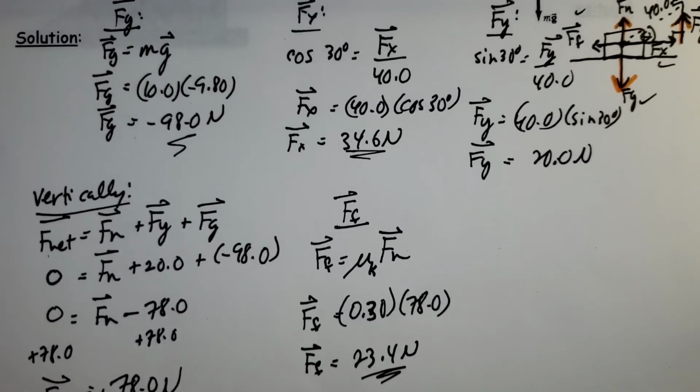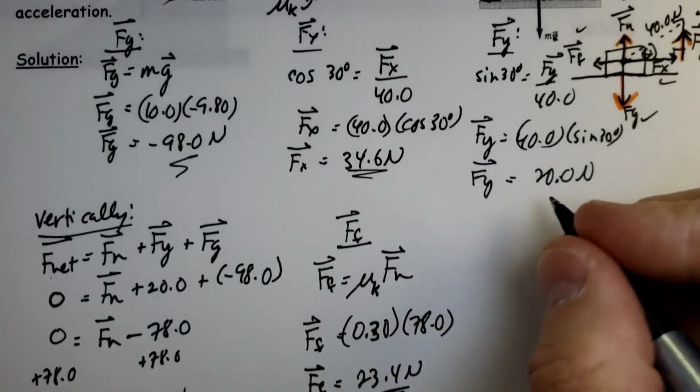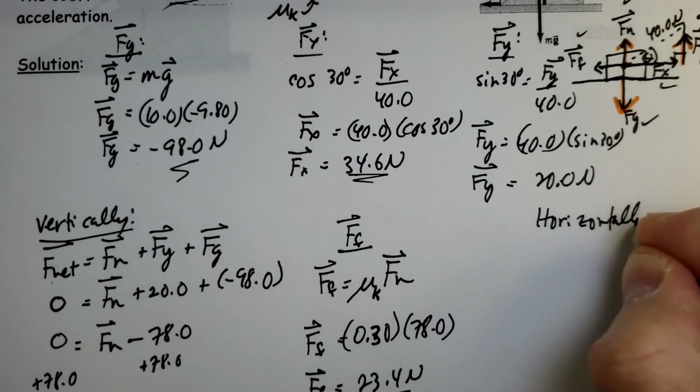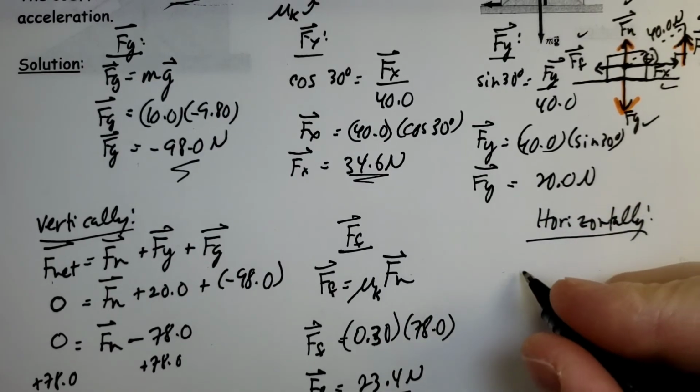So to figure out acceleration, of course, we need to find out F net. And F net, that refers to the horizontal F net. So analyzing it horizontally. So yeah, this is very similar. We did a question similar to this, except we didn't have the friction come into play.